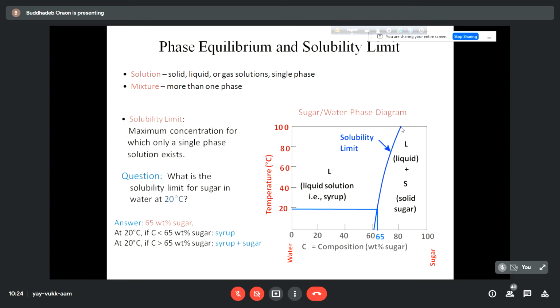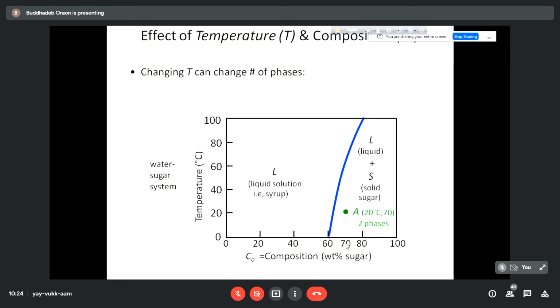We will see it in the phase diagram. This line will be a liquidus line, which demarcates the liquid phase from the liquid and solid phase. So this is the idea. This diagram will give you the idea of how solubility changes with temperature and composition.